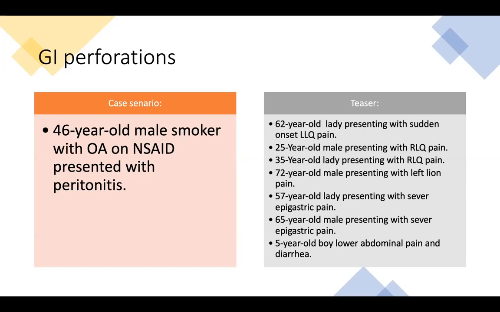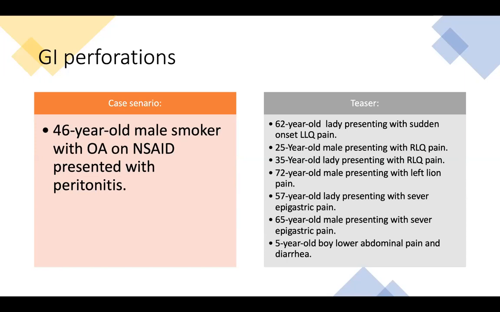A 57-year-old lady presenting with severe epigastric pain. Pancreatitis. Can be, I don't disagree. A 65-year-old male presenting with severe epigastric pain. Smoker. Okay, I like the silence again. That's good.